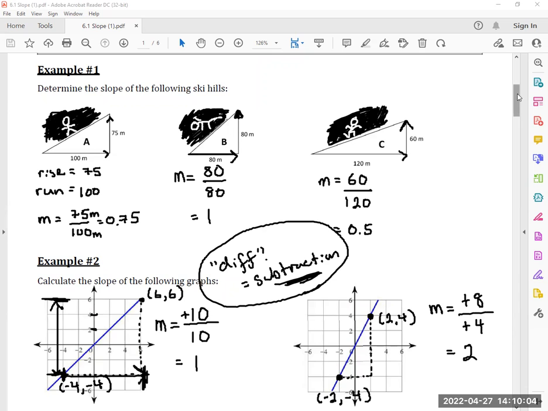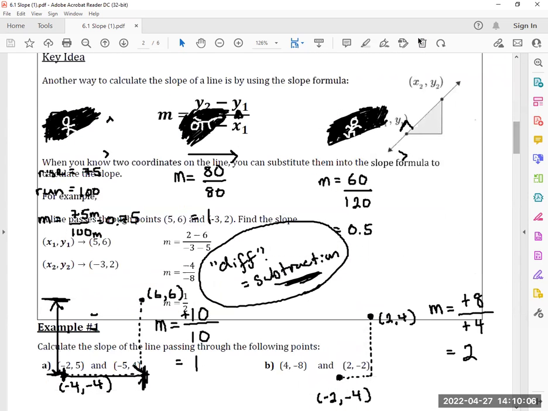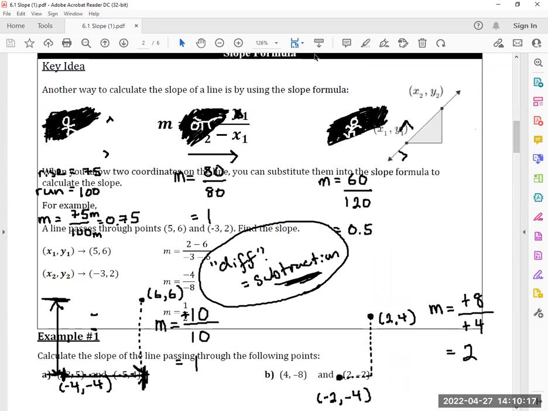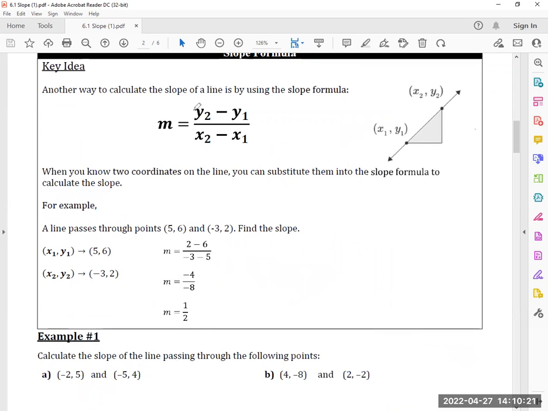If you are able to identify any 2 points on the graph, just like here, you notice how we always identify 2 points? If you can identify 2 points on the graph, all you have to do is set them up so that the y values are on top, the x values are on the bottom, and you find the difference. That's it. So let's take a look at this.